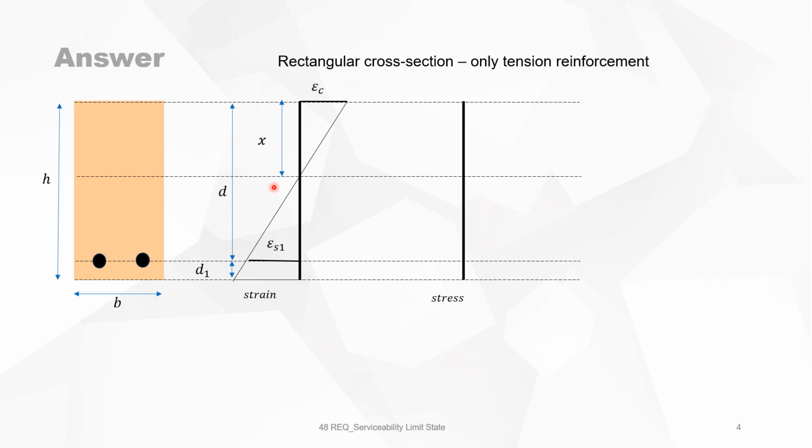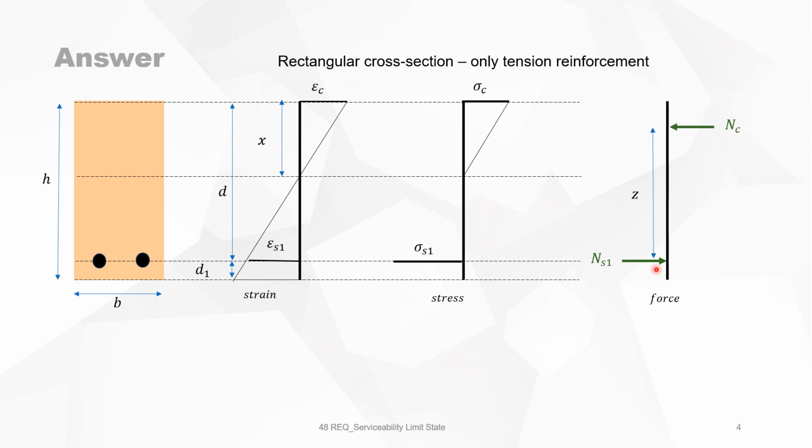Now we go over to stresses in SLS. We have the stress in the tension reinforcement. We have the compressive strength in the concrete, no tensile strength because this is ignored. And then we go to forces. Of course, the external force is the concrete compressive force and the steel tension force.